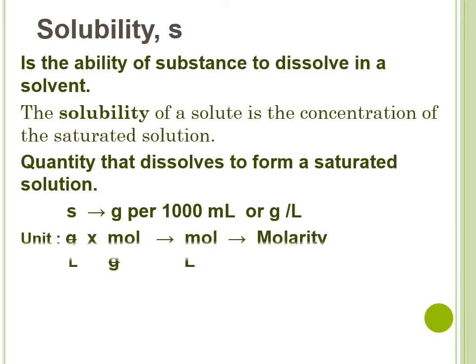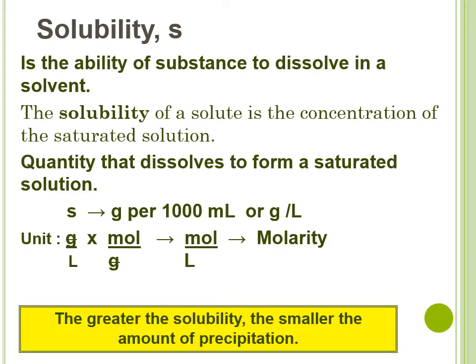There's also a unit if we divide by the molar mass: it will become mole per liter, or molarity. The greater the solubility, the smaller the amount of precipitation. That would help you understand what solubility is.